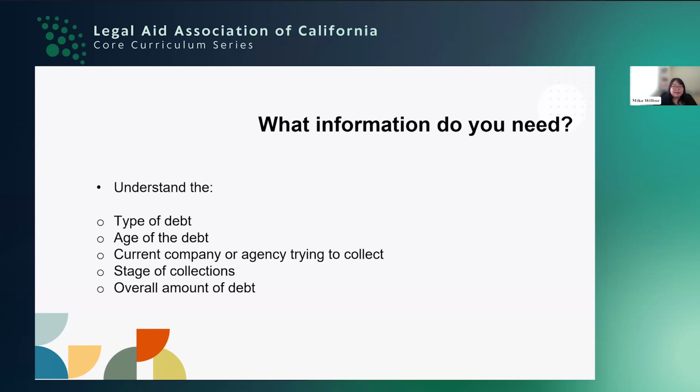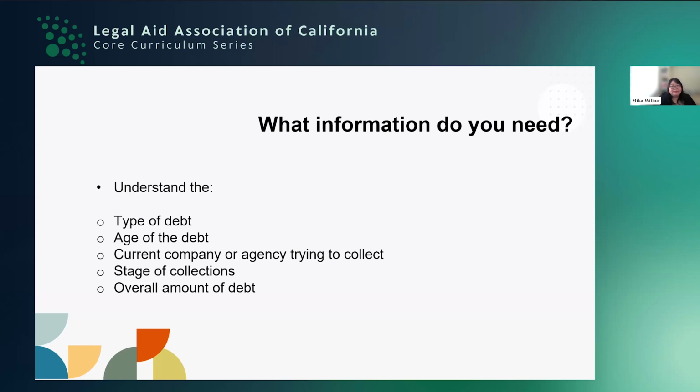Other things, like the current company or agency trying to collect. You might have different rights based on whether it's an original creditor, the person who originally gave you the credit, like Citibank or Bank of America, or a third-party debt collector, where different laws apply.